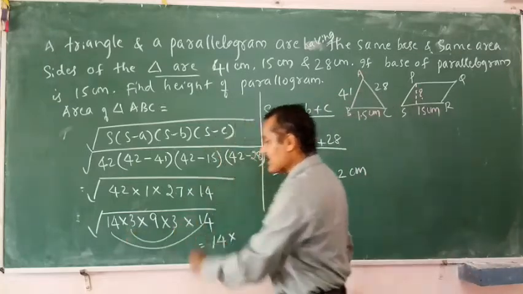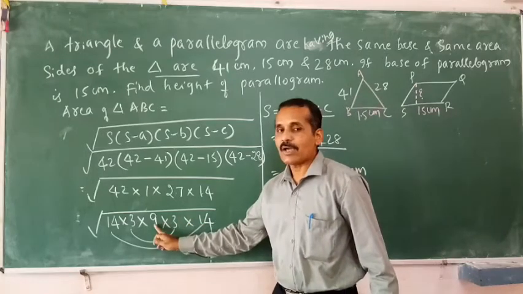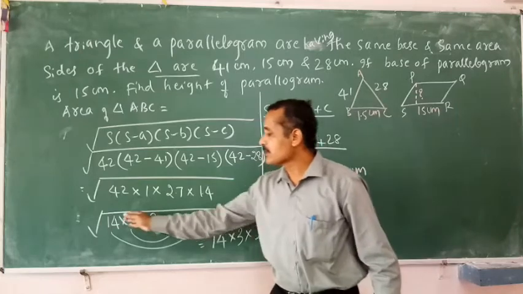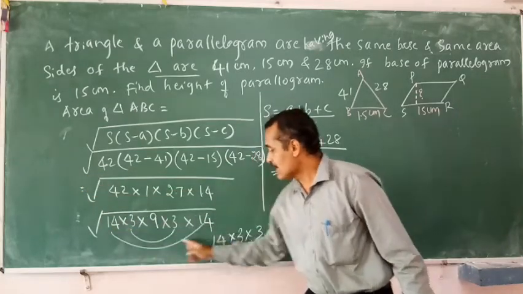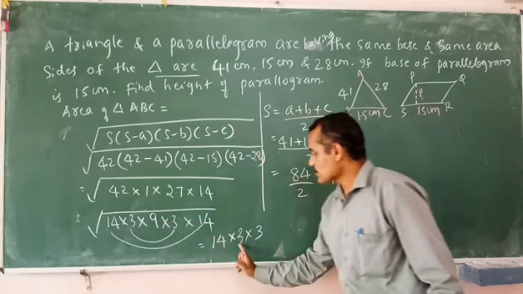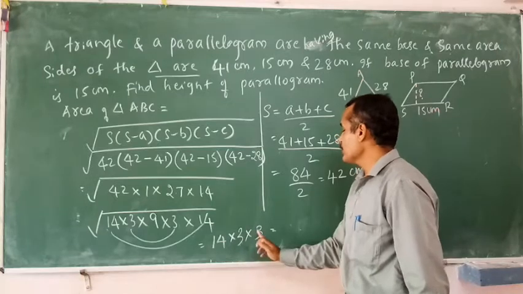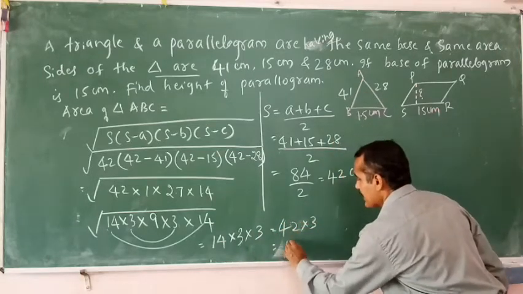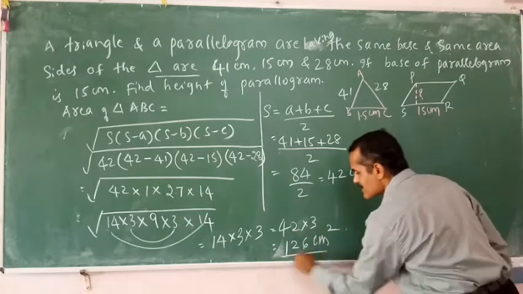Two 3s are there, one 3 has come out. 9 is a perfect square, square root of 9 is equal to 3. That means every term has come out from the square root, so this is definitely a perfect square. 14 times 3 is 42, and 42 times 3 is 126 centimeter square.